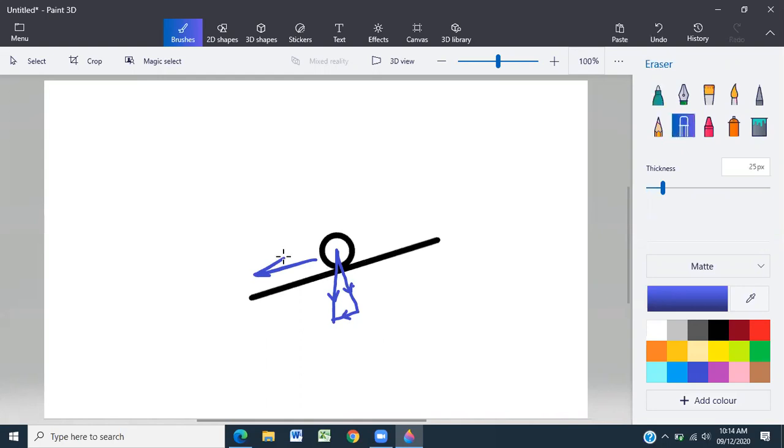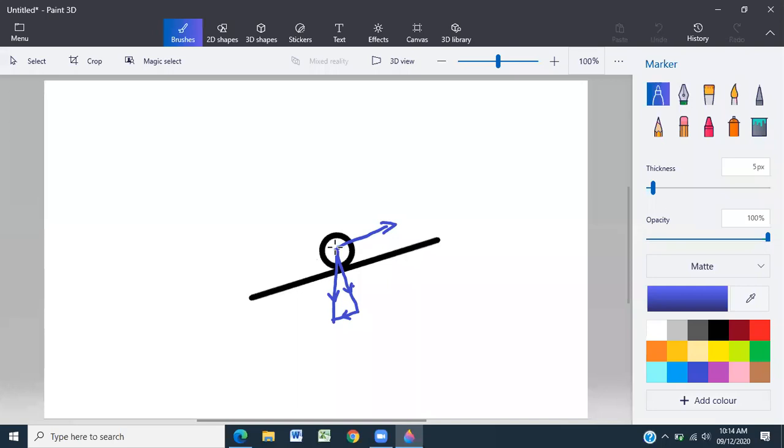Now, to oppose that, we would need something holding it back up this way, something pulling it back this way. It should oppose this force. And this force is being counterbalanced by the reaction of this inclined plane or this slope.